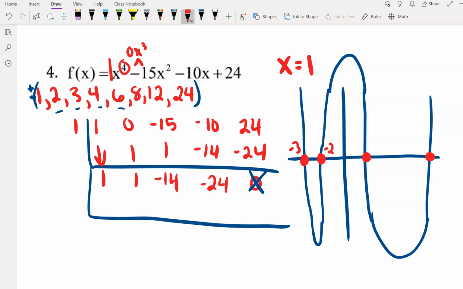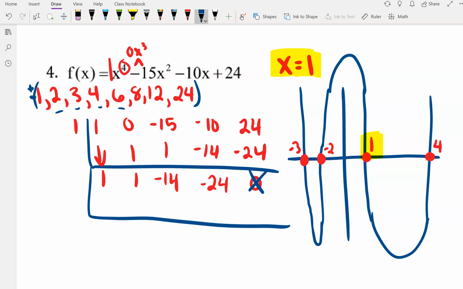This one looks like about 1, and this one, let me scroll over, I think it's around 4, but I want to double check it. Yeah, it looks like about 4. We already said that 1 was a solution, so we already got that one. Now we're thinking 4, -2, and -3 are probably also solutions.